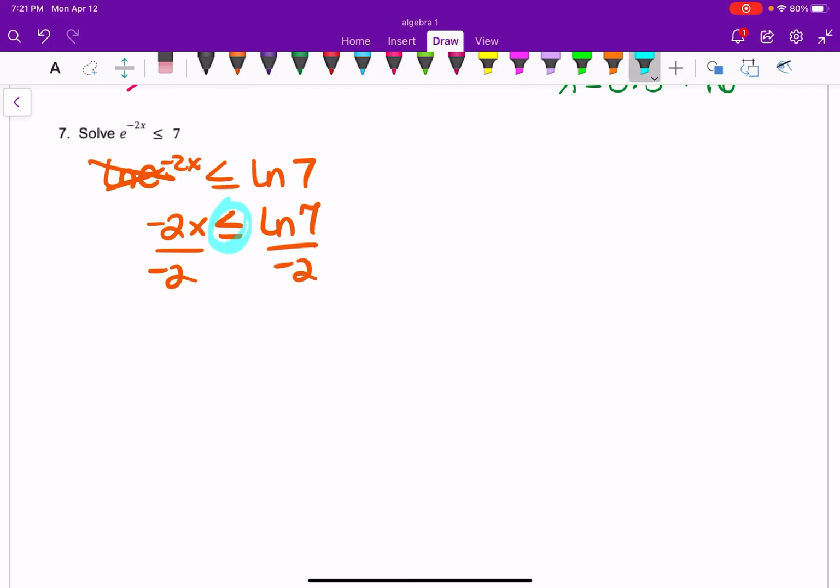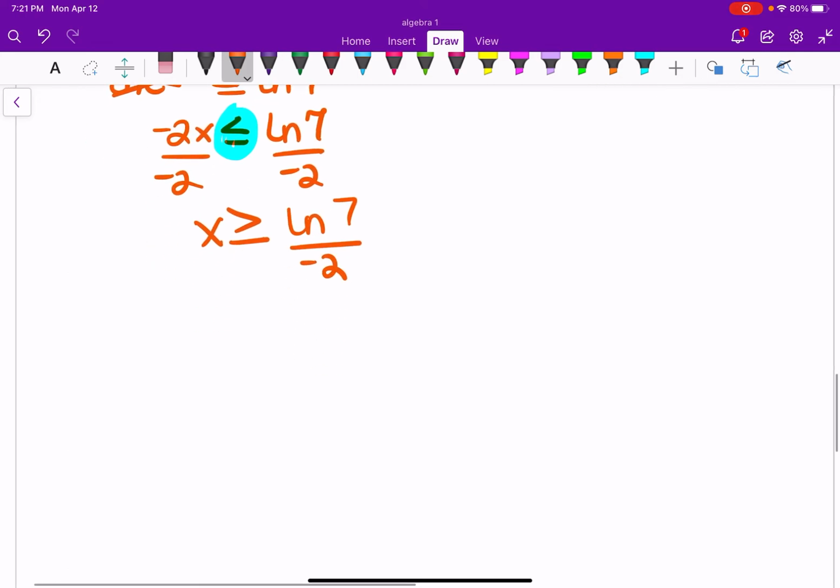If you divide both sides by negative 2, we have to flip the sign. So that's going to be greater than. And now it's a calculator problem. Natural log of 7 divided by negative 2. I just get out my calculator. And that's going to be x is greater than or equal to negative 0.9730.